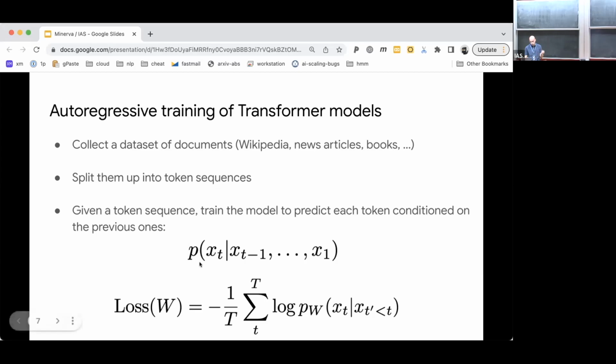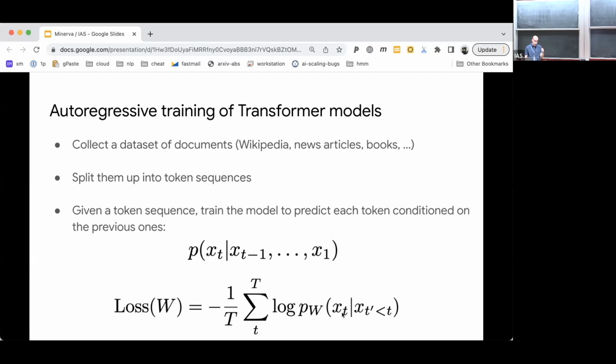And so we're going to train the model so that for every sequence of tokens, x1 through x_{t-1}, let's say the first sentence in the Wikipedia article, it tries to predict what is the next token. This is the loss function that we use in practice. It's the standard cross-entropy loss, where we take the model predictions P, which depend on the model weights, for every subsequence, and we calculate the model's probability distribution for the next token, and we evaluate that probability at the actual token x_t.